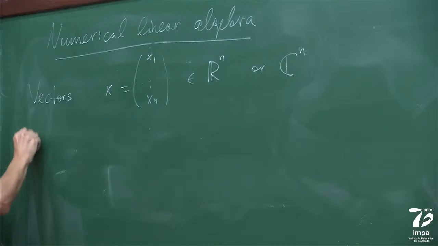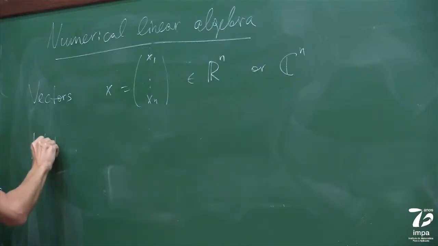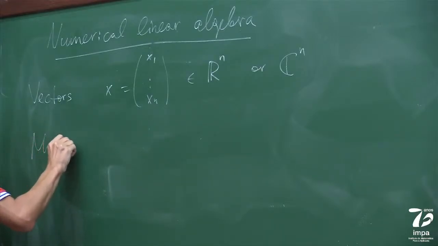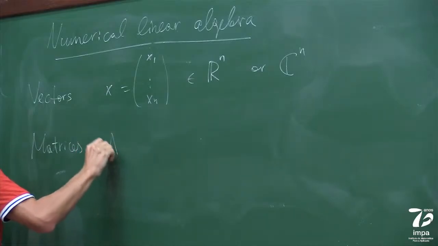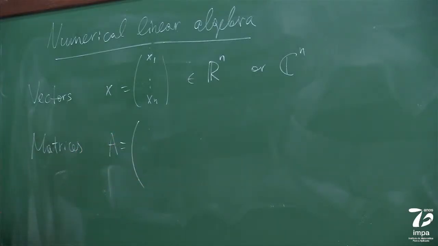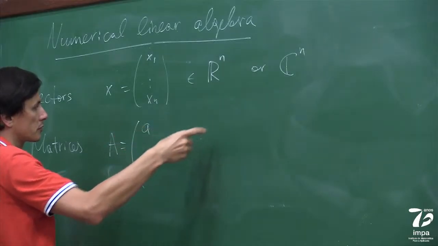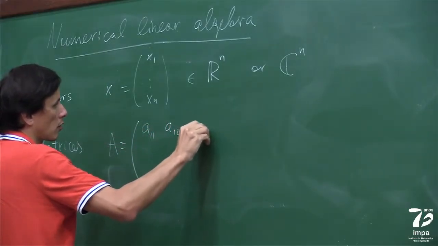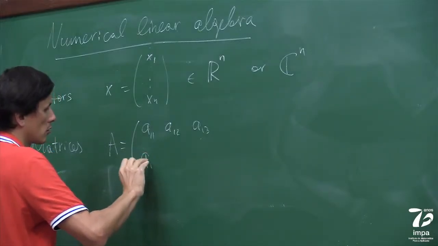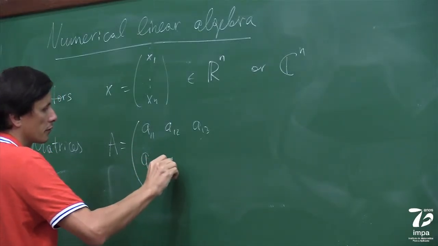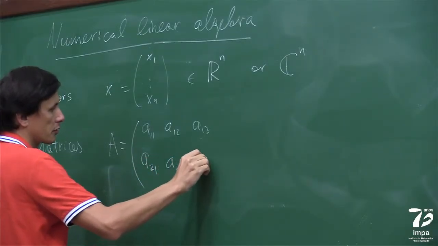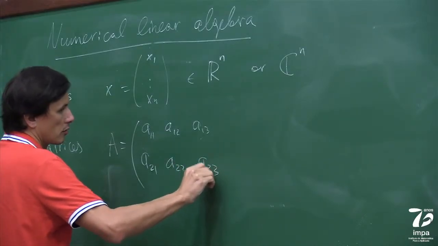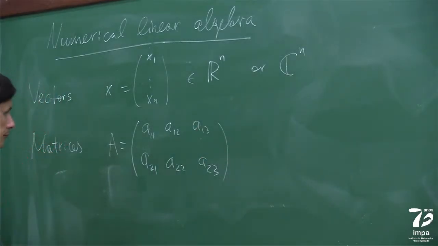And matrices. A is now a collection of numbers. The first index gives you the number of the row, the second index the number of the column, and so on.